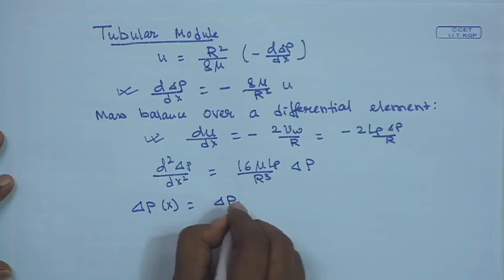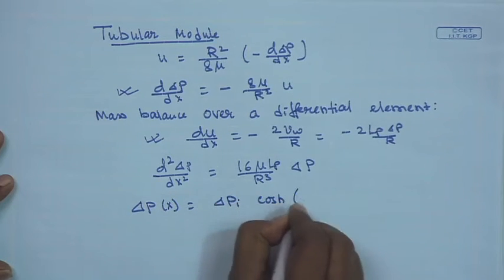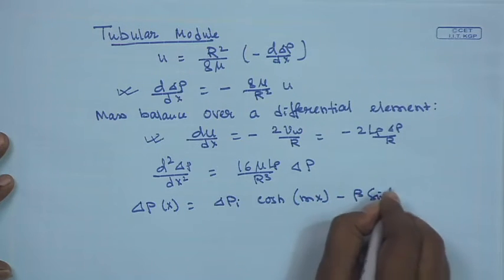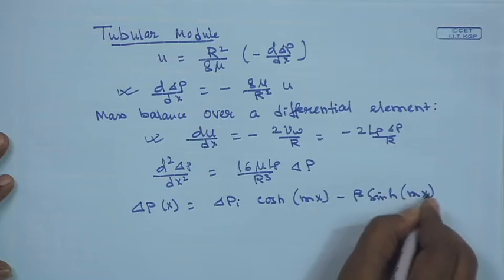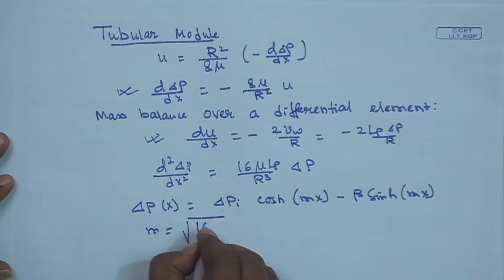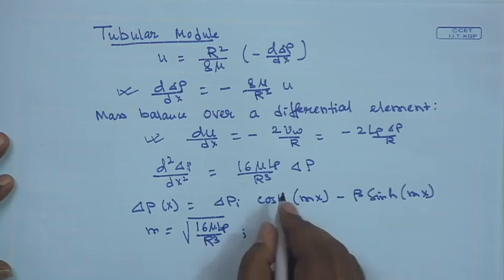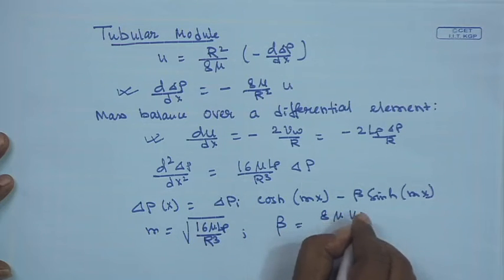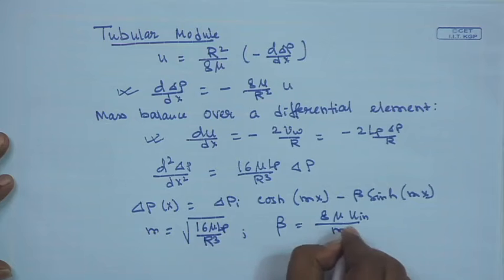and the solution will be delta p in cos hyperbolic mx minus beta sin hyperbolic mx, and m becomes a parameter which is nothing but 16 mu Lp over r cube. R is the radius of the tube, and beta is a parameter 8 mu u in divided by m r square. So, one can calculate the axial pressure drop as a function of tube length.